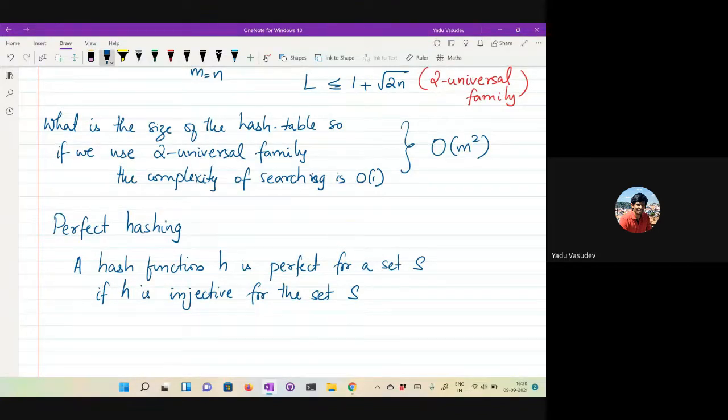It means that for this particular S there is no collision.